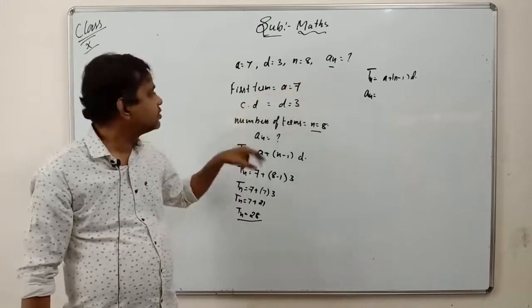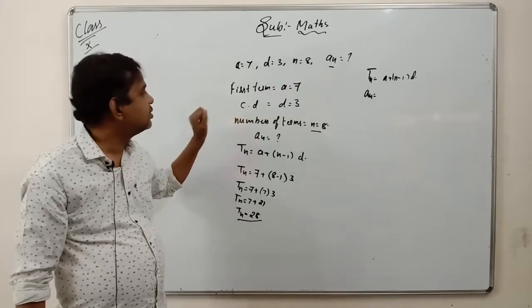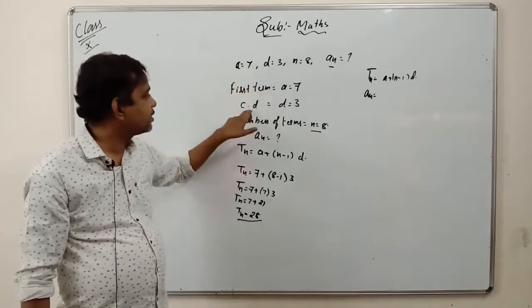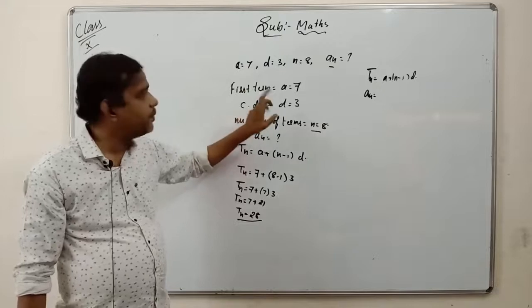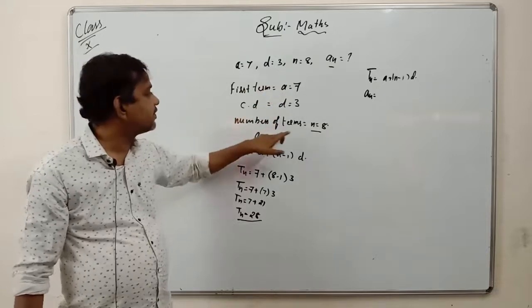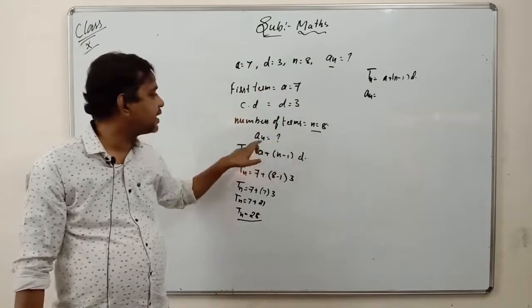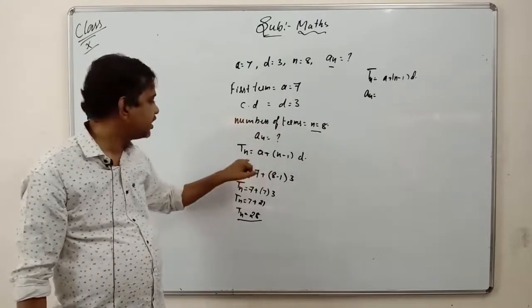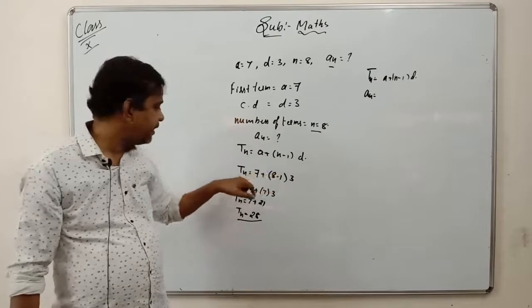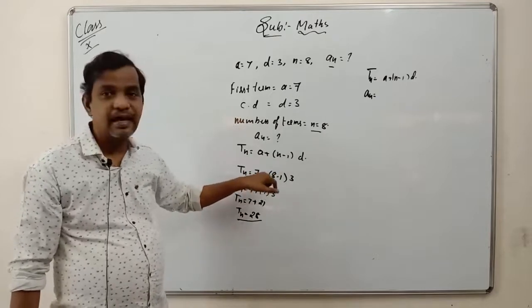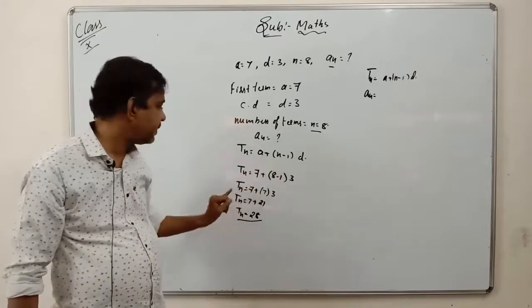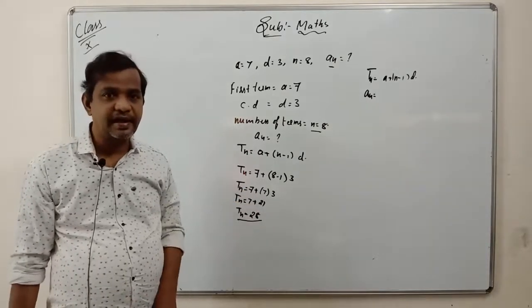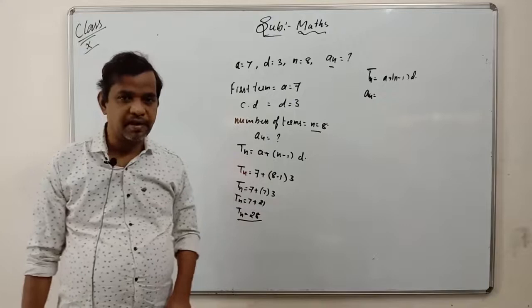So we know the formula: Tn equals A plus (N minus 1) D. So Tn equals 7 plus (8 minus 1) times 3 here. So Tn equals 28. Okay, copy.